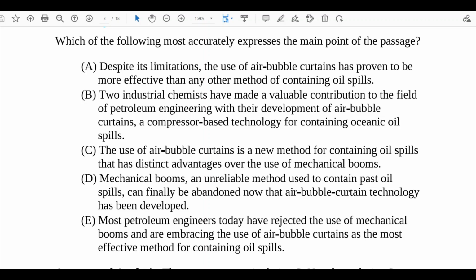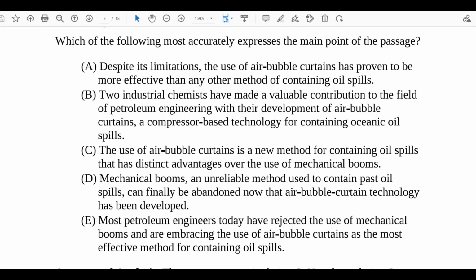Choice B: Two industrial chemists have made a valuable contribution to the field of petroleum engineering with their development of air bubble curtains, a compressor-based technology for containing oceanic oil spills.